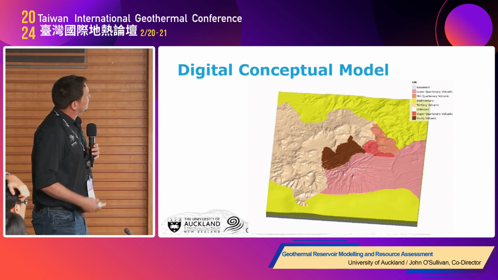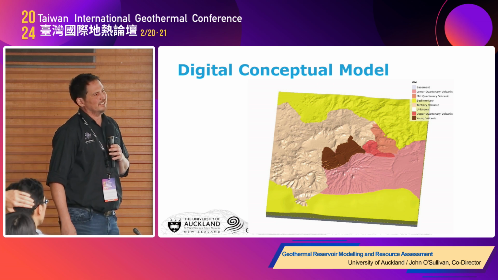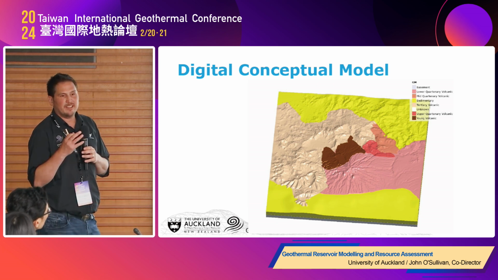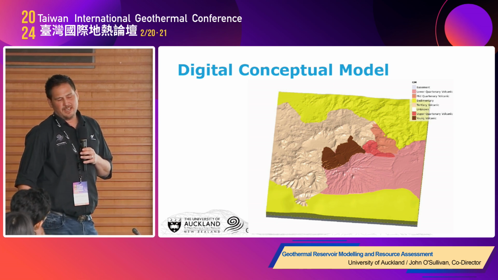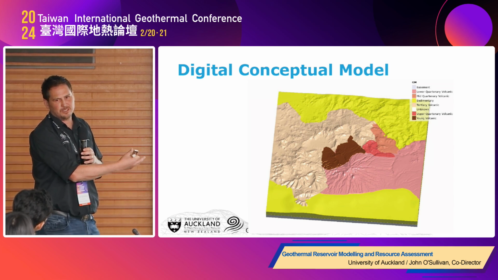So these digital conceptual models are really powerful for conveying ideas, and they're a key component for having that tight coupling to our numerical models. And the stakeholders can see clearly what you're doing in your digital conceptual model.